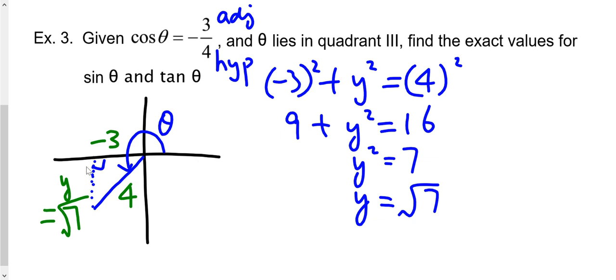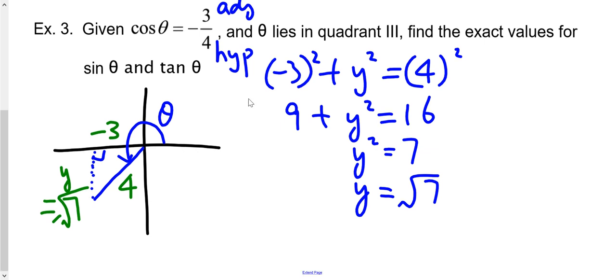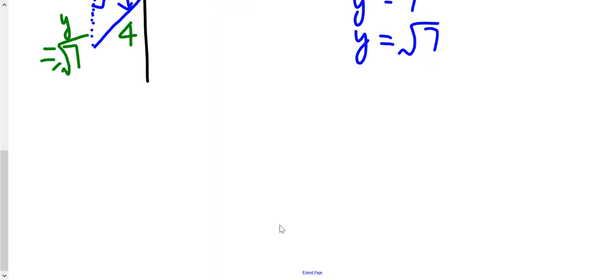The length here is root 7, but in terms of the coordinate, negative 3, this one would be negative root 7. Keep in mind, don't get mixed up. The length here is 3, but the coordinate of this point is negative 3, negative root 7. Now we have everything we need. We can finish the rest.